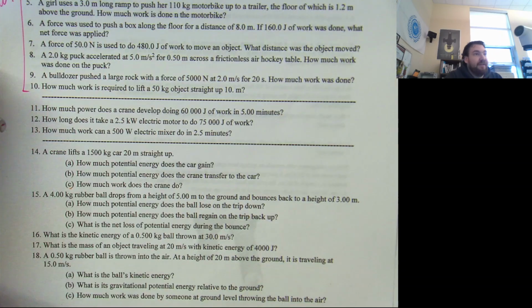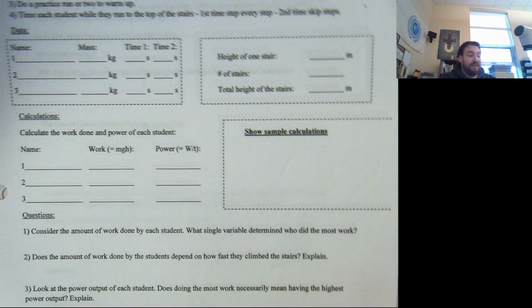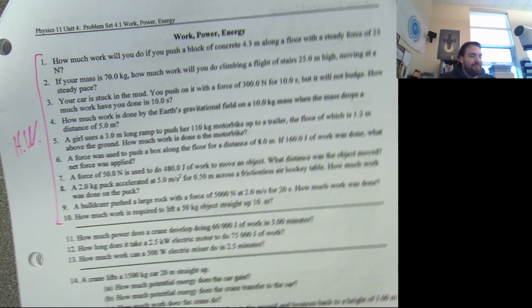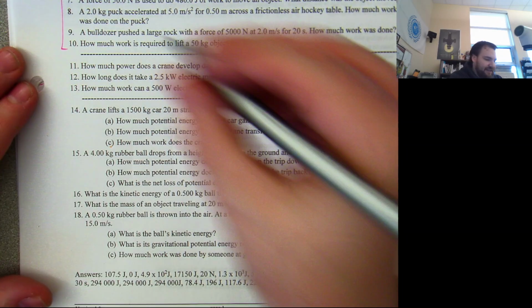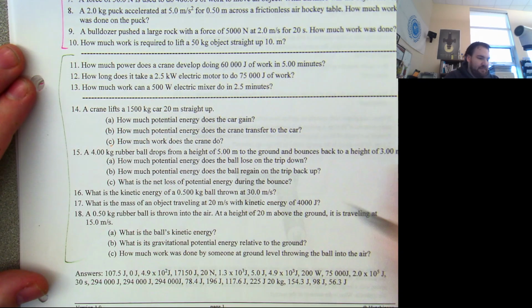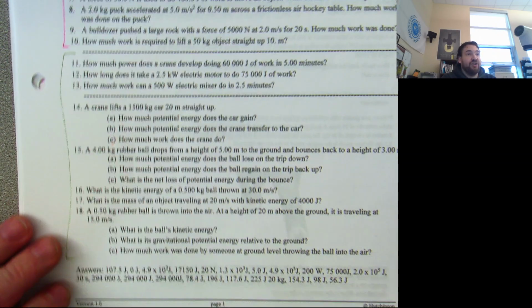Okay, so as you guys are completing this, I think I said it before all of you came back, tomorrow, not today, tear out this page. I'm going to take it from you guys. Your homework, in addition to that, is the rest of this, 11 to 18. There's questions there about power, questions there about change in energy.